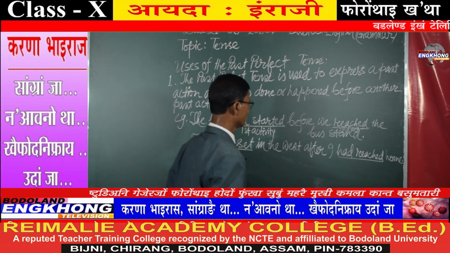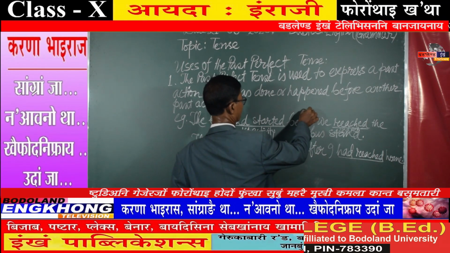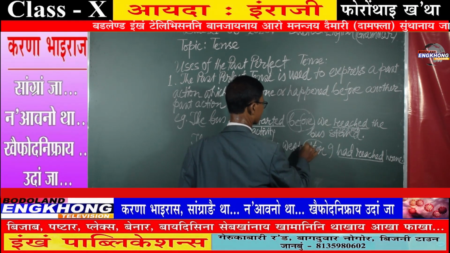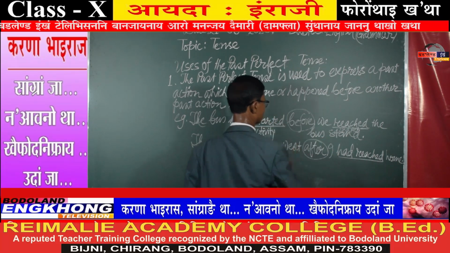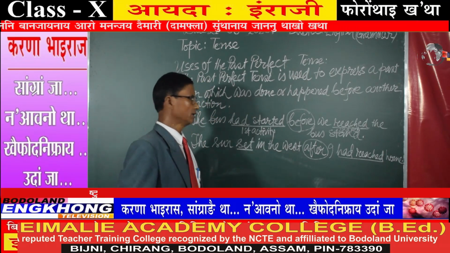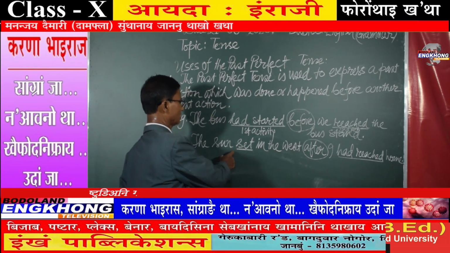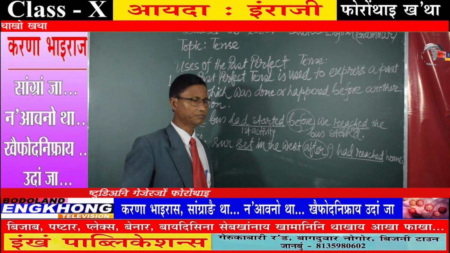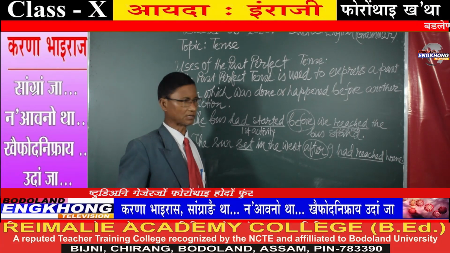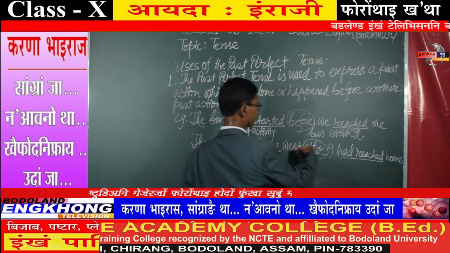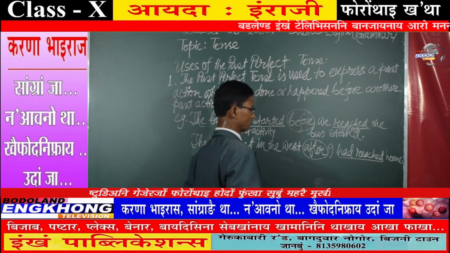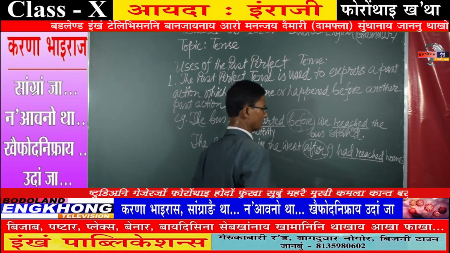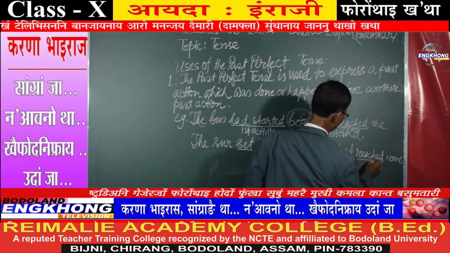Now see, in the first sentence the conjunction is before, and here after. Now, you see, in this sentence, firstly, past indefinite tense, and in the second clause, after the conjunction, there is past perfect tense.